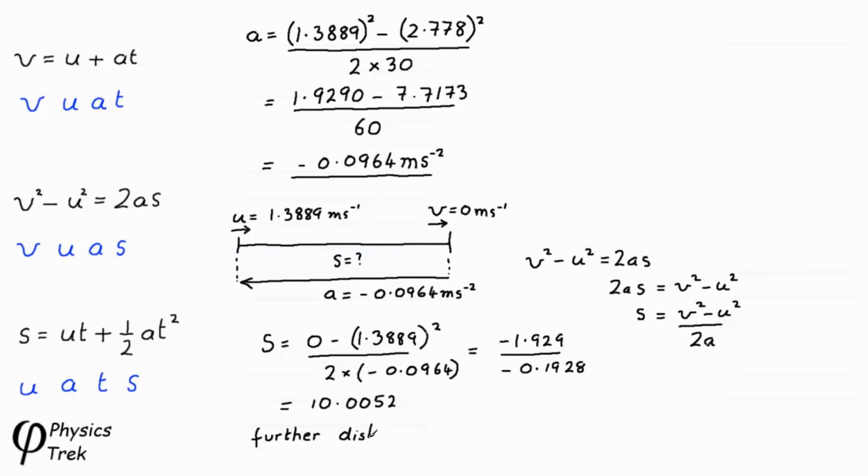So here is our final answer. The further distance travelled by the truck is equal to 10.01 meters to 2 decimal places.